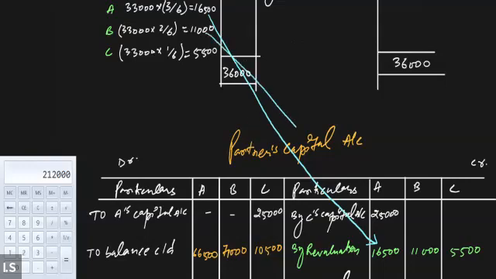A's account is credited by 16,500, B's capital account will be credited by 11,000 and C's capital account will be credited by 5,500. Tell me, is this clear to all of you? Yes, sir.